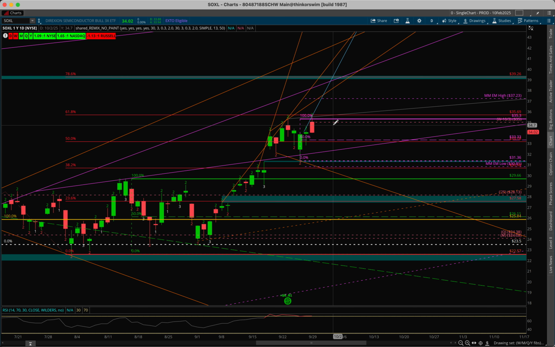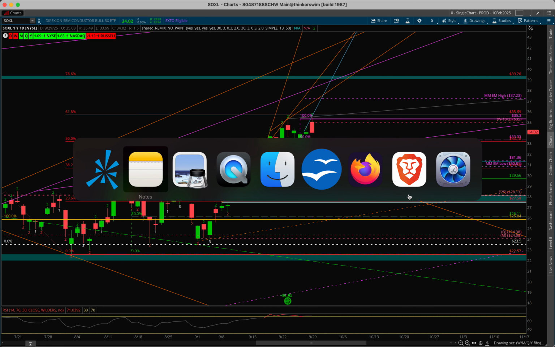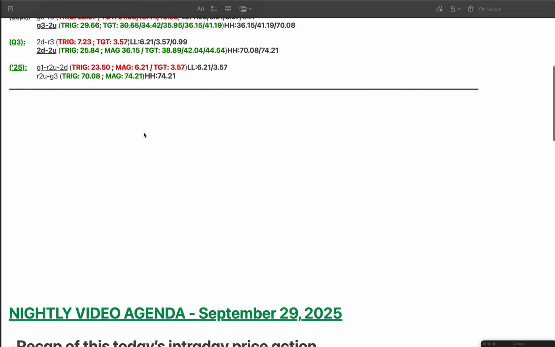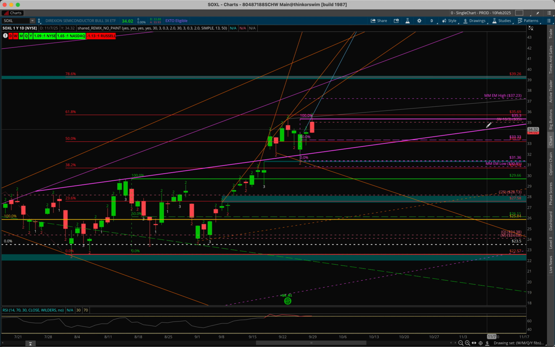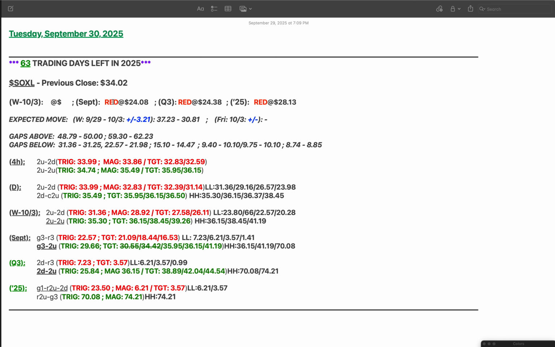So let's just go ahead and look at the numbers, and we'll see here that for Tuesday, September 30th, there will be 63 trading days left in 2025. Previous day's close, which is today's close, is 34.02. I forgot to put the flip in here, so that is 35 flat.